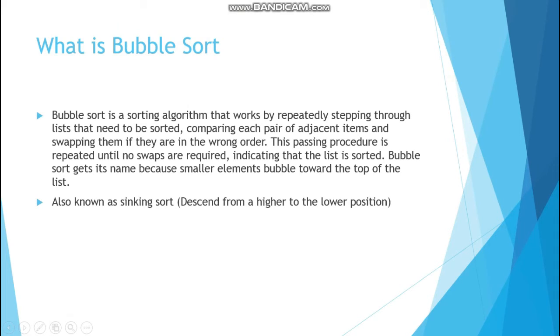Bubble sort is a sorting algorithm that works by repeatedly stepping through the list that needs to be sorted, comparing each pair of adjacent terms.